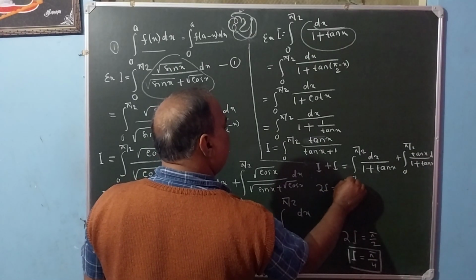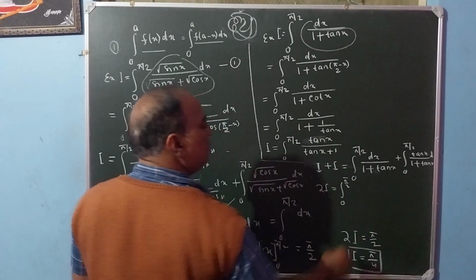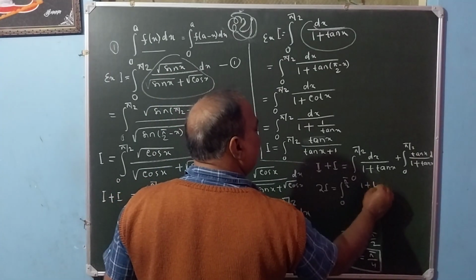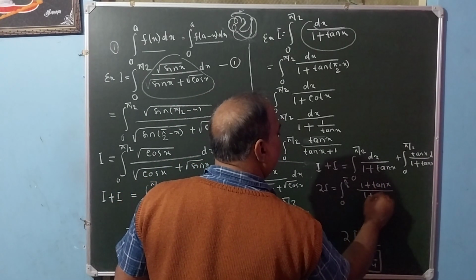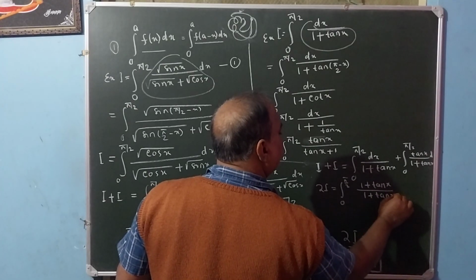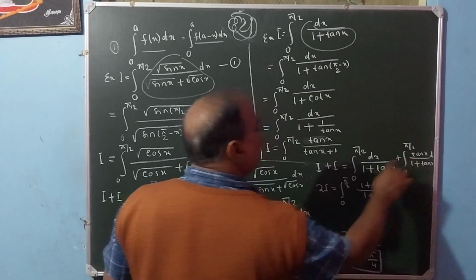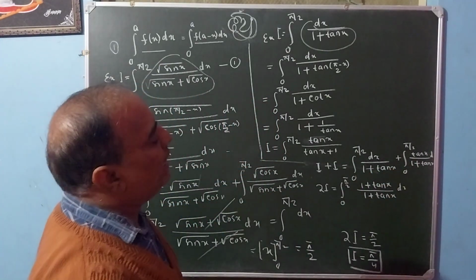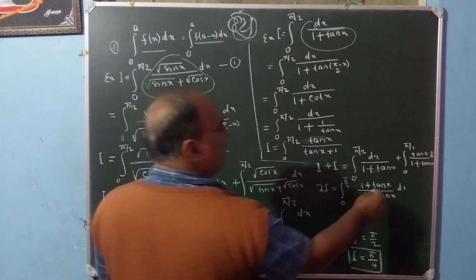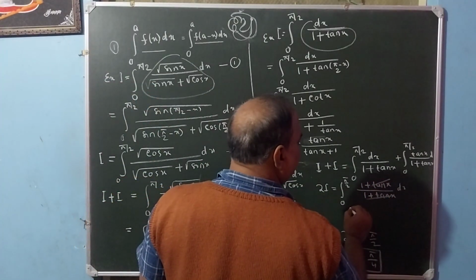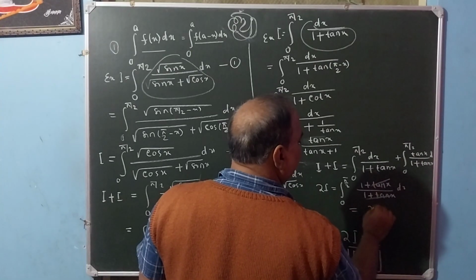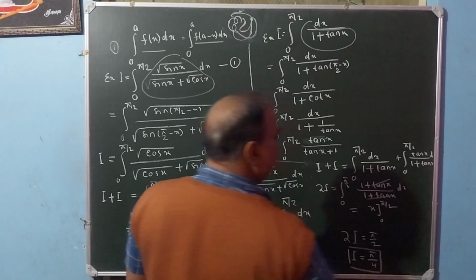So 2I is equal to integration of 0 to pi by 2 of 1 plus tan x divided by 1 plus tan x dx. Denominator same, numerator will be added up. So 1 plus tan x cancels. That is dx. Integration of dx is x evaluated from 0 to pi by 2.